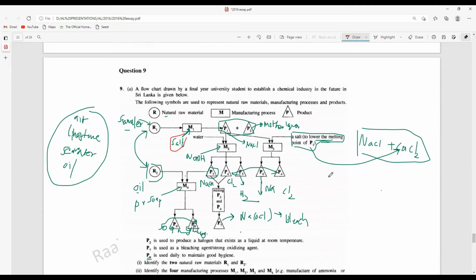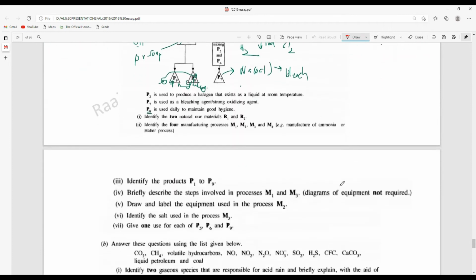In tank 2, calcium sulfate is precipitated and the rest is filtered out to tank 3. In tank 3, NaCl gets precipitated, and the bittern or magnesium bromide is removed from tank 3. That is a brief explanation, but don't forget these things are not in your syllabus now, so you don't have to worry much.